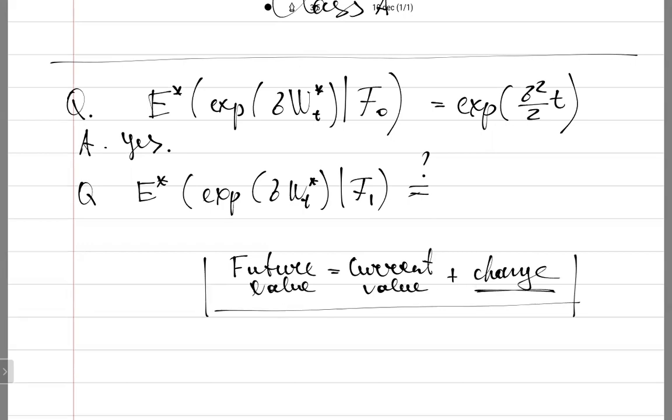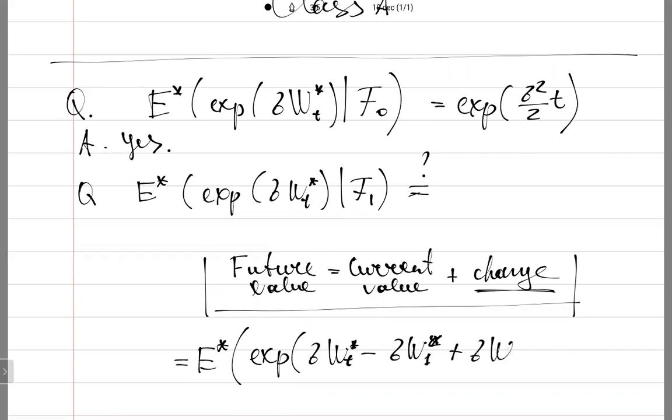For the Wiener process, the future increment, by the properties of the Wiener process, is independent of what we know. So it allows us to write the expectation under star of the exponent of sigma Wt star minus sigma W1 star plus sigma W1 star. So I've done nothing.